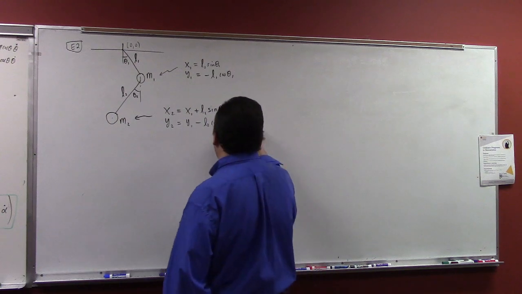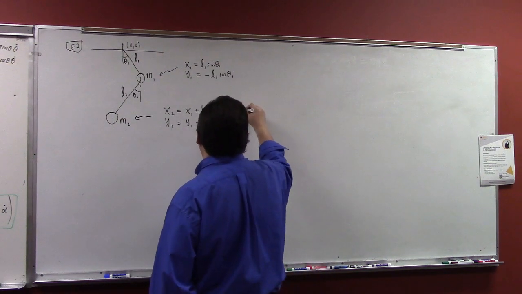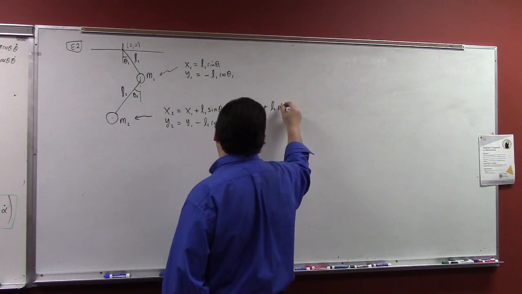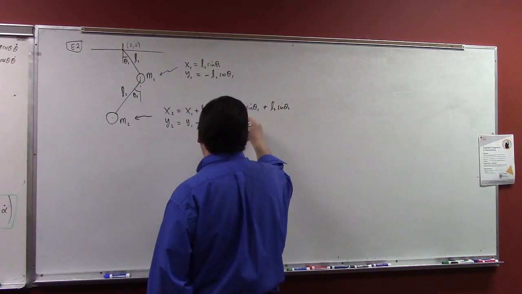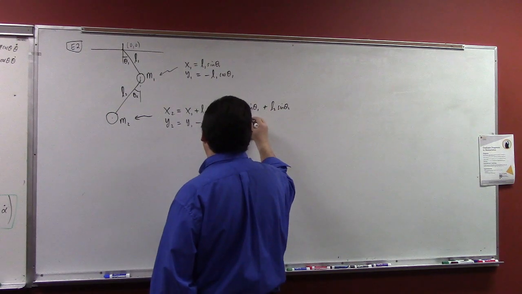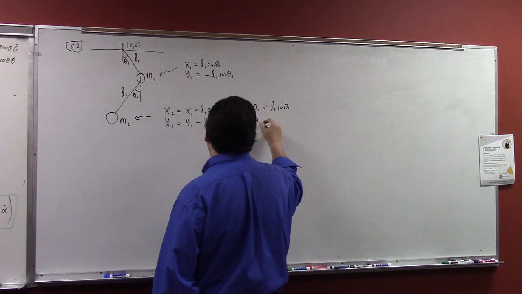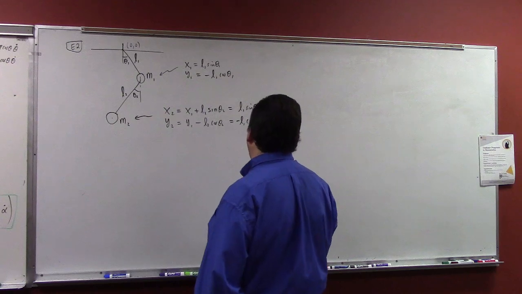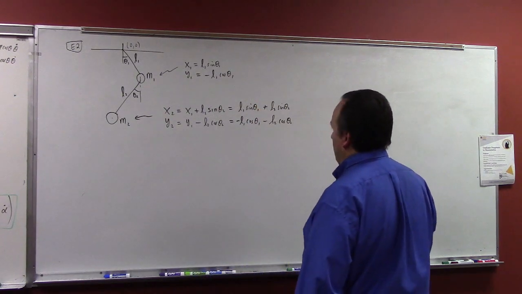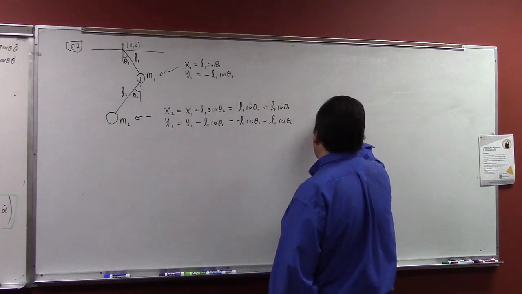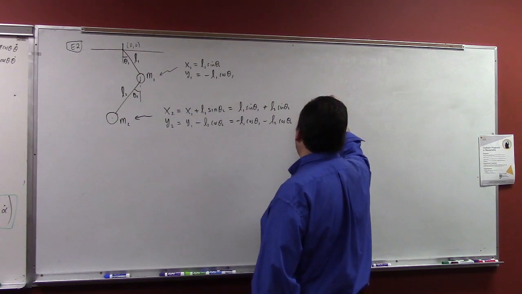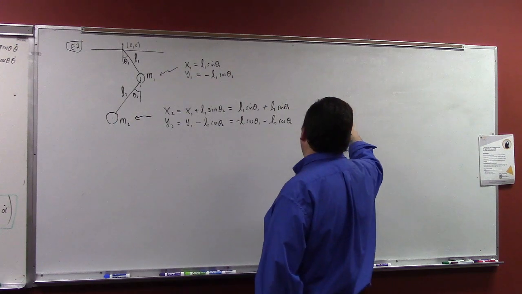Which, of course, we could write out. That's L1 sine theta 1 plus L2 sine theta 2, and minus L1 cos theta 1 minus L2 cos theta 2. And you tell me what happens when I look at x1 dot squared plus y1 dot squared.